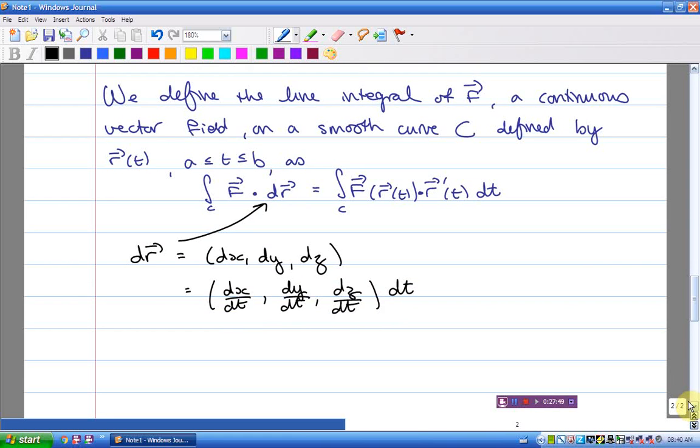So the fact that you can manipulate that notation in very similar ways to the ways you manipulate fractions is not accidental because of the historical roots of the notation. And that thing in brackets is r dash.